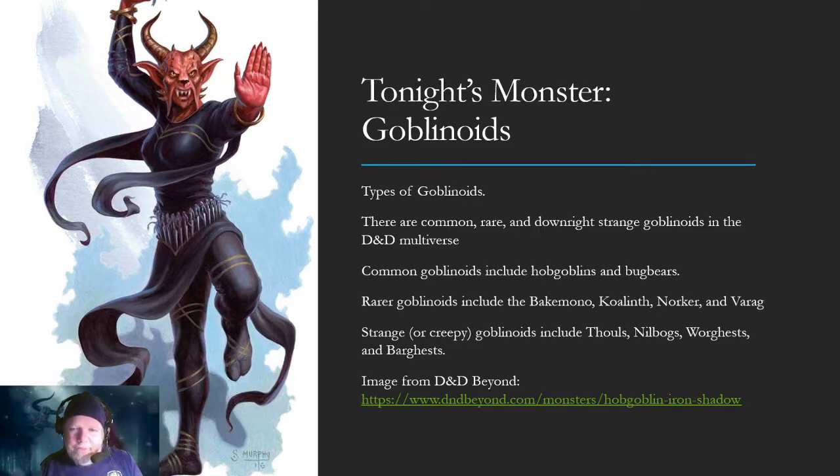Rarer goblinoids include creatures like the Bakemono, the Koalinth, the Norker, and the Varag. And the really strange and sometimes creepy goblinoids include Thules, Nilbogs, Worghests, and Barghest.